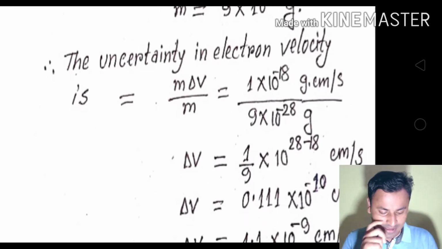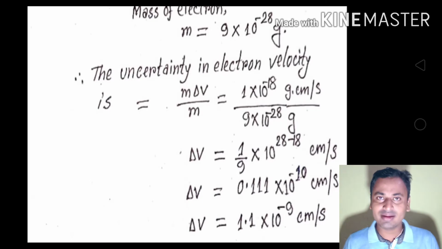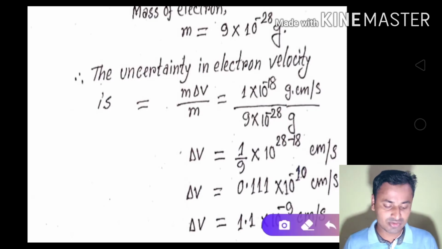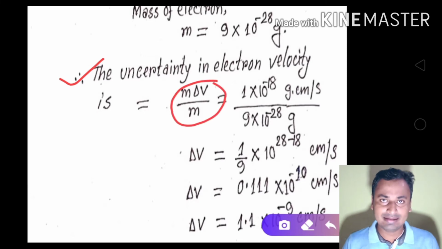Then we see the screen, the uncertainty in the electron velocity equals what? Uncertainty in momentum m del v divided by m. We see in the question that the uncertainty in momentum m del v equals 1 into 10 to the power minus 18 gram centimeter per second.